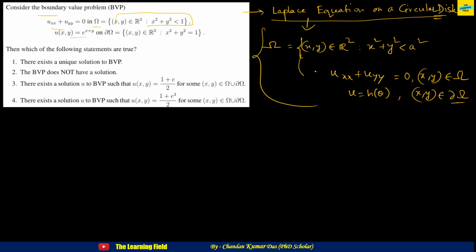This is the most general type of problem, and in this case we consider x squared plus y squared equal to r squared, where y by x equal to tan theta, that is, x equal to r cos theta, y equal to r sin theta. When the Laplace equation is given with a circular boundary, then to solve these questions we have to use the polar coordinate system.